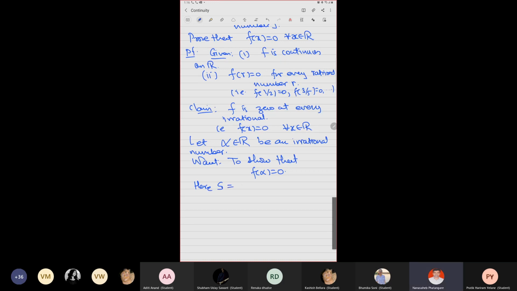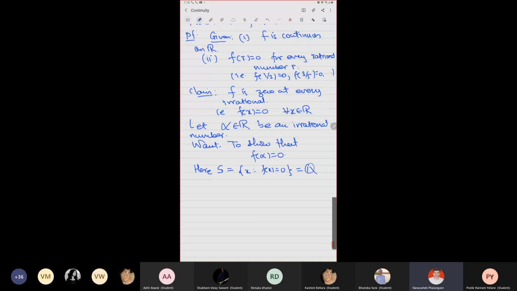Right. Here S is equal to the set of x such that f of x is equal to 0. So what is the zero set of the function? It is the rationals, because at every rational the function is 0. Right?